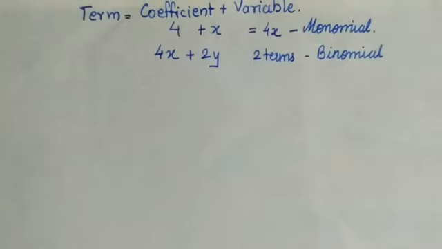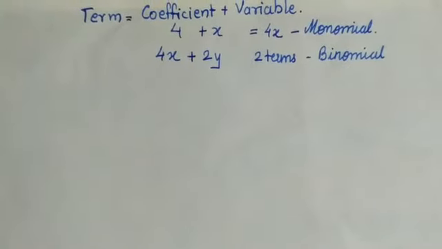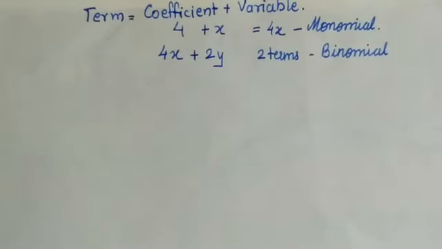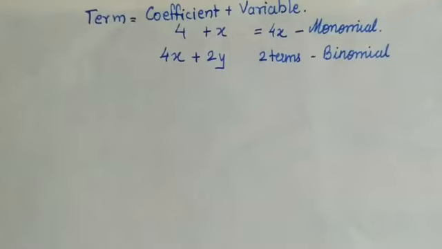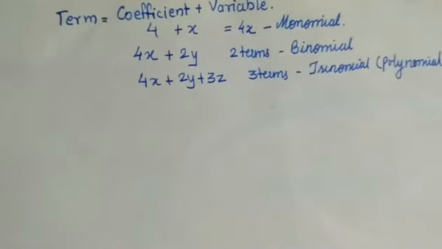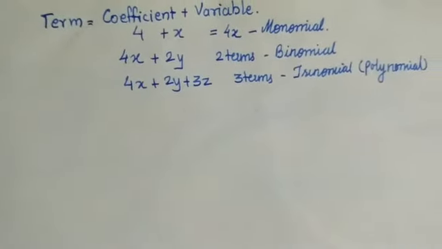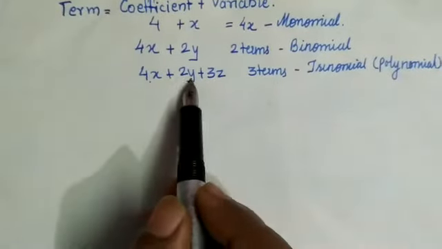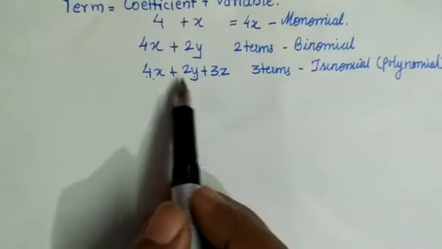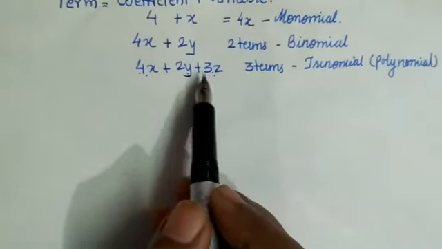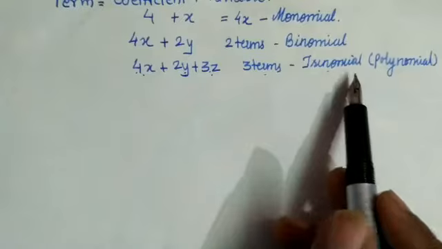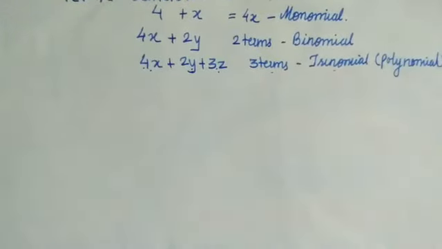They are two different terms with a plus or minus sign in between them, so it becomes a binomial. If we take three terms, then it becomes a trinomial. Here 4x, 2y, 3z: this is one term, this is the second term, this is the third term. Three terms together become a trinomial.